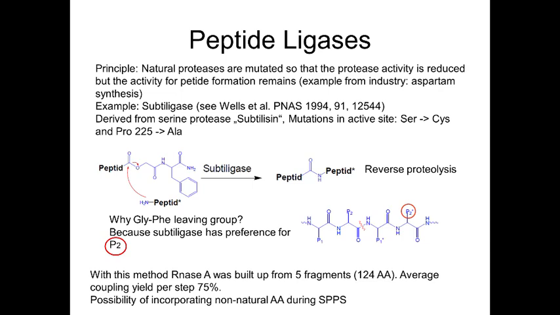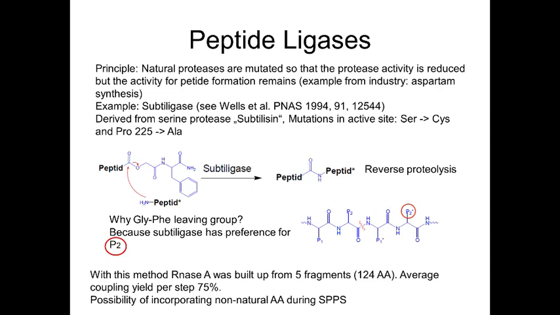function could be improved. So what we do here is, in principle, a reverse proteolysis. Therefore, the peptide segment at the C-terminus needs to be functionalized as a peptide ester, as you can see here.